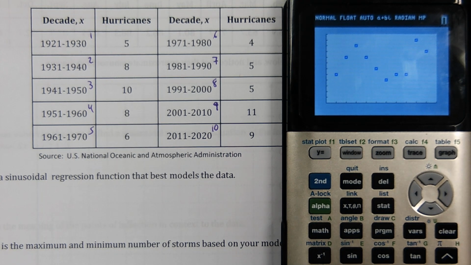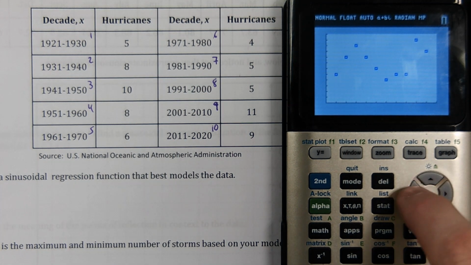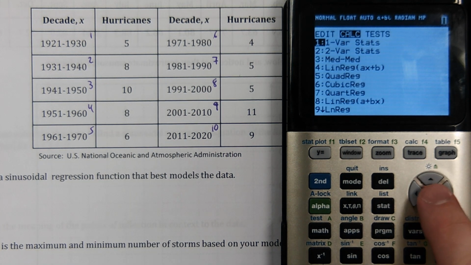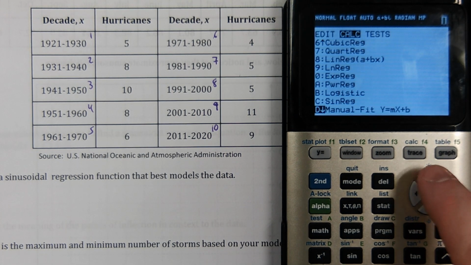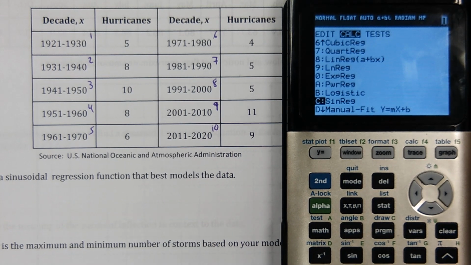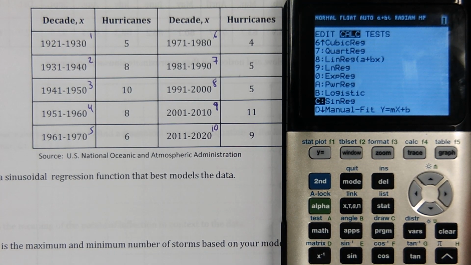I'm not going to lie. Sinusoidal regression on this calculator does some things I'm not really sure about, which you're about to see. So stat, calc, and if you scroll down really far, you'll see sinreg, this sine regression. And we're going to hit enter on that.